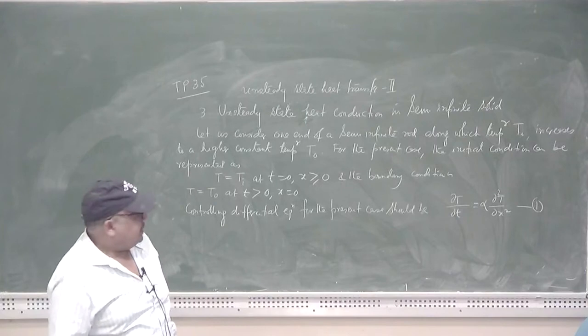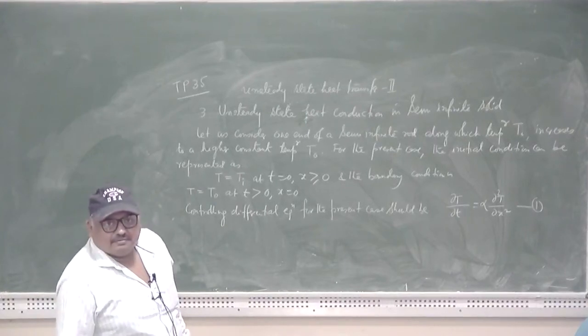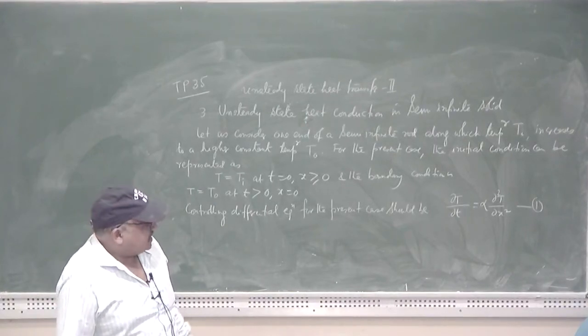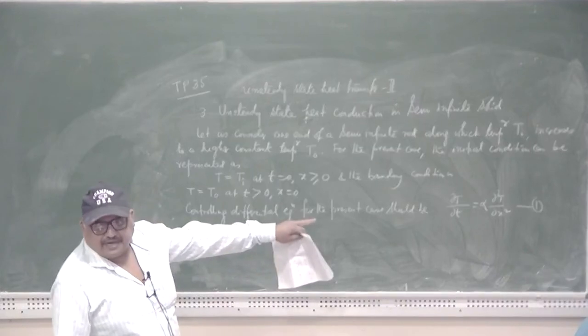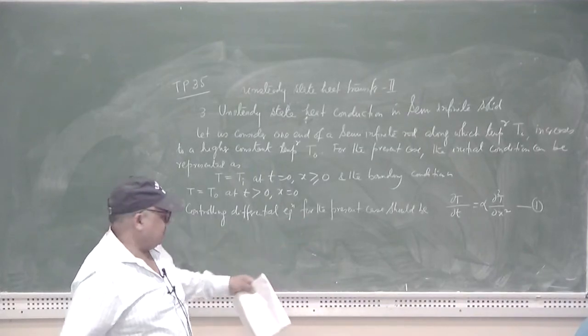Two variables are involved here, t and x. This is a partial differential equation which involves the parameters capital T, t and x.